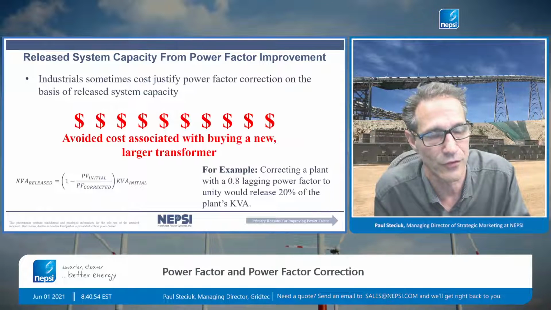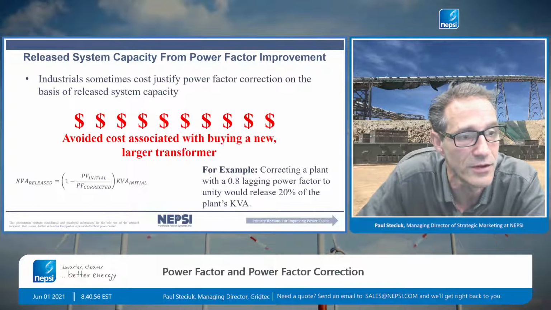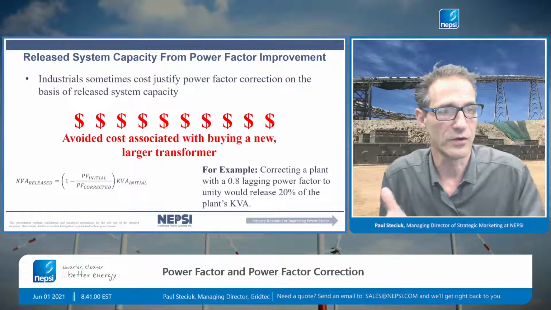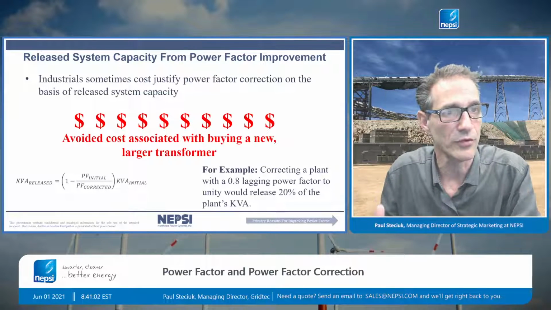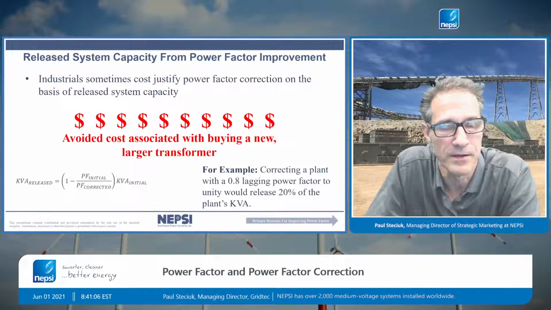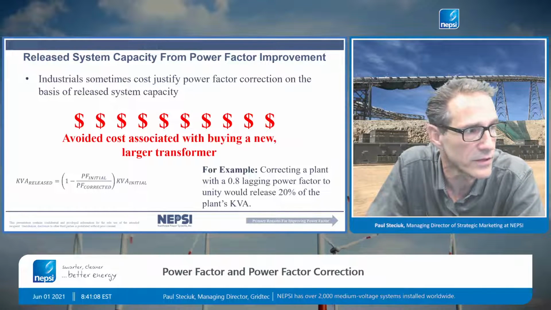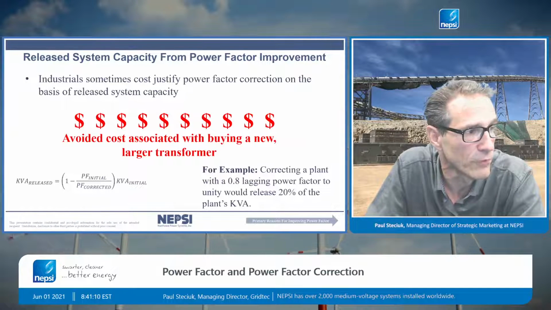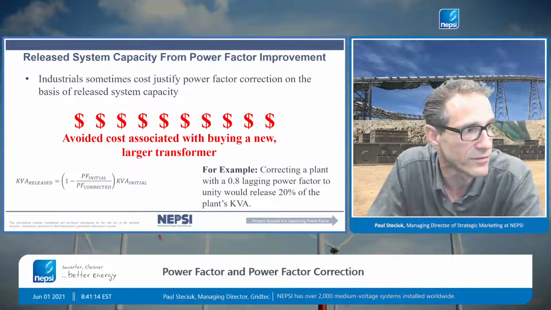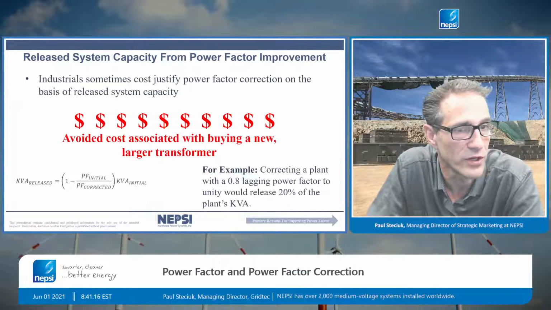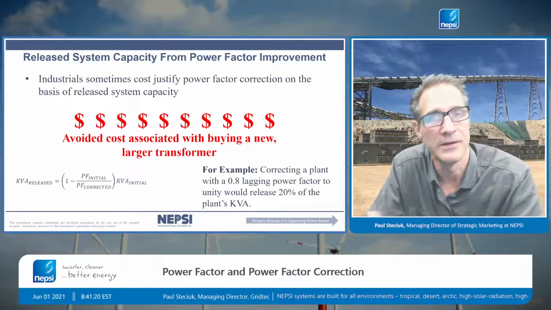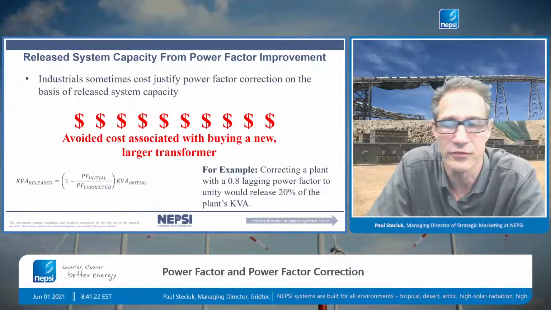And this is really what oftentimes is done. It's about cost options here. Do I buy a new transformer, or do I correct my power factor and stay with my current transformer? And that's an economic analysis. So power factor 0.8 lagging to go to unity would release the system's capacity of 20%. We could then push 20% more power through that transformer, and may avoid the cost of a new transformer.